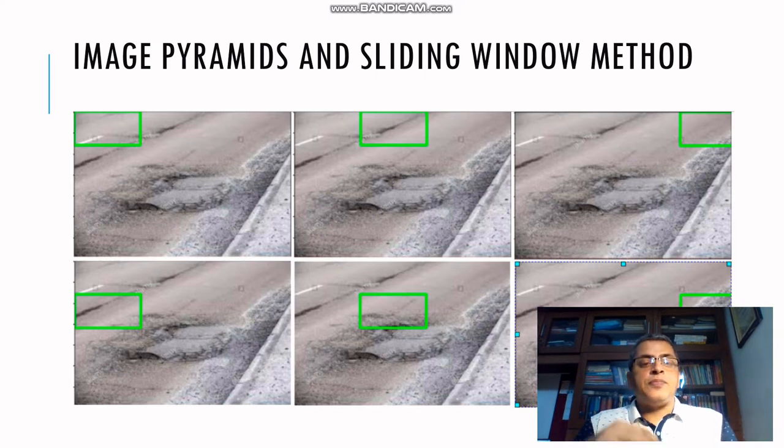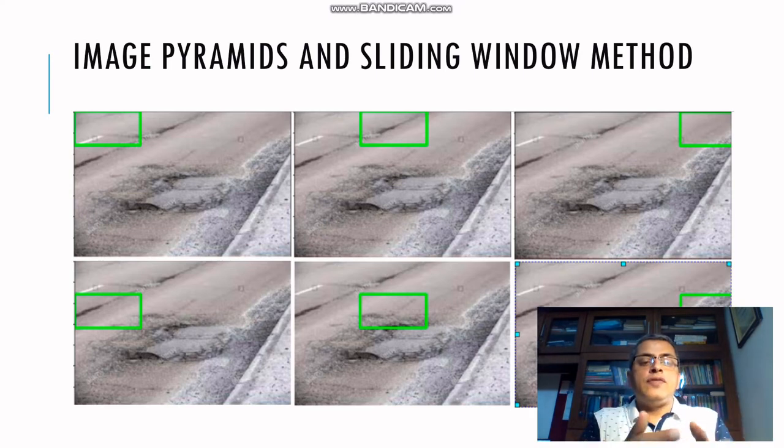Finally, the detection is again done through a classifier. As and when the windows are slid across these images, it extracts the region of interest for those windows, and then it goes through a classifier to say whether there is an object which we want to detect or not. Based on a probability threshold, you determine whether there is an object there or not.